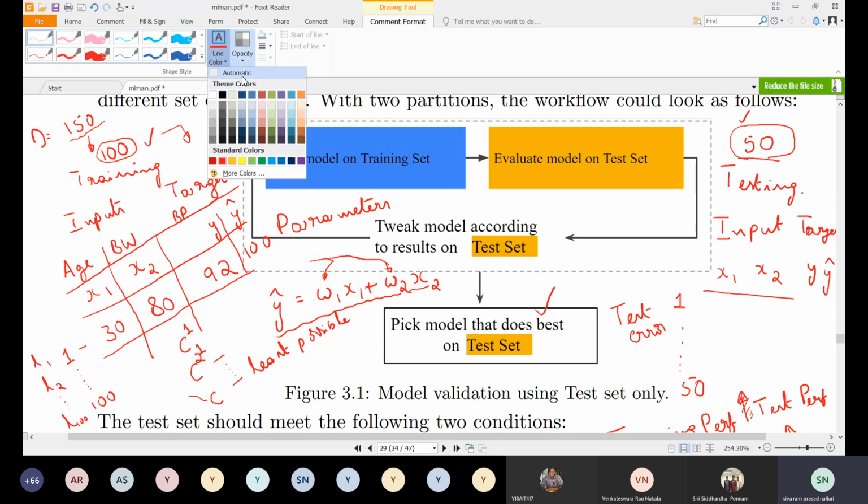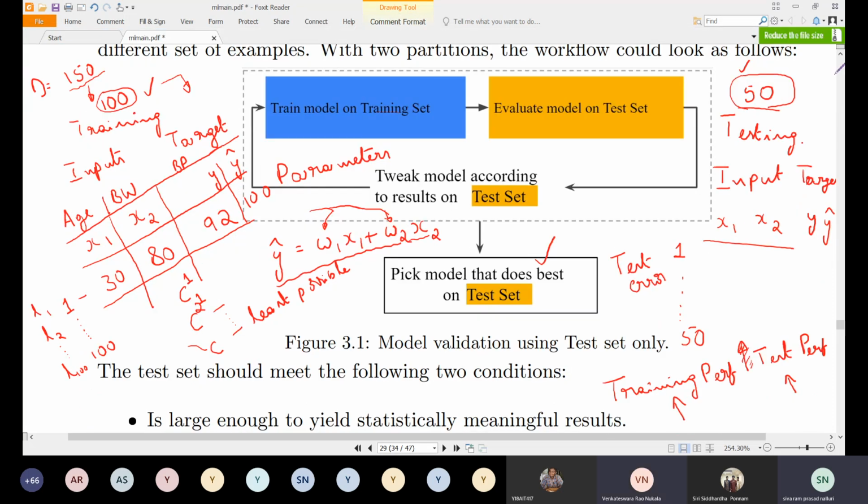What is ineffective? Without training, directly test data. Ineffective, sir. So, no, not without training. Assume we are using only supervised learning. So, training performance is very high and the test performance is very low.